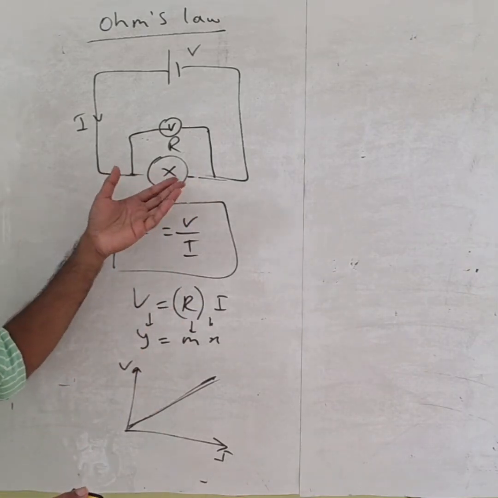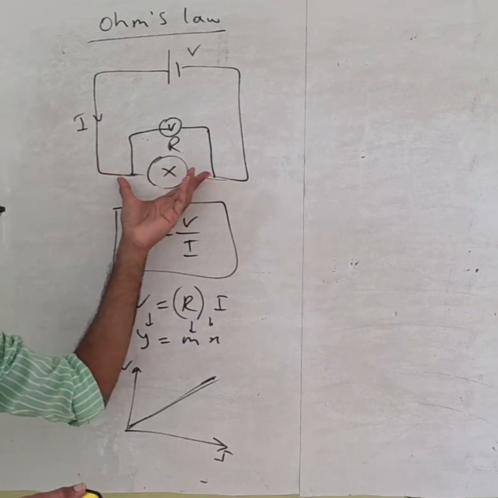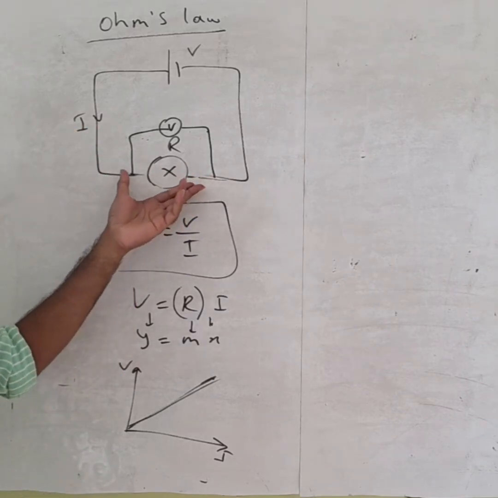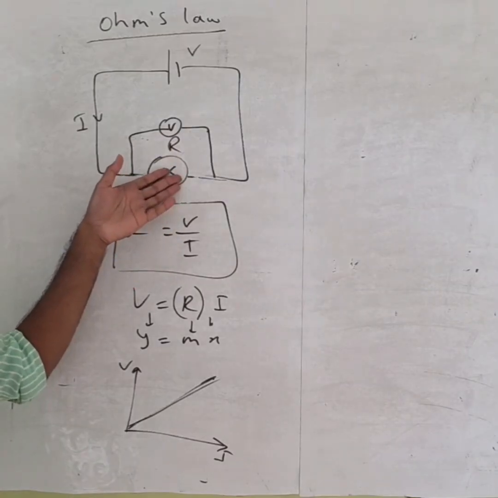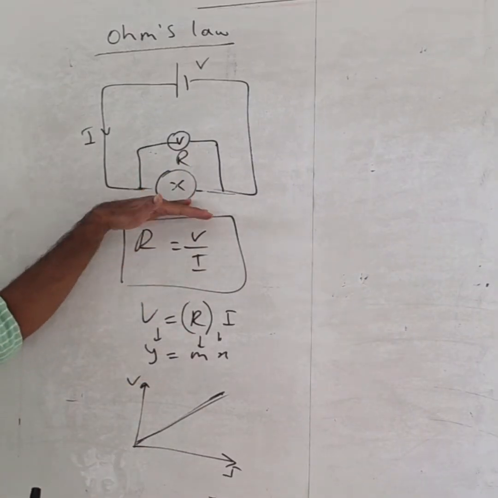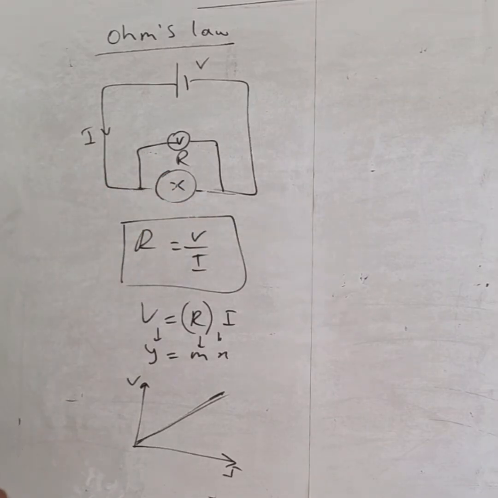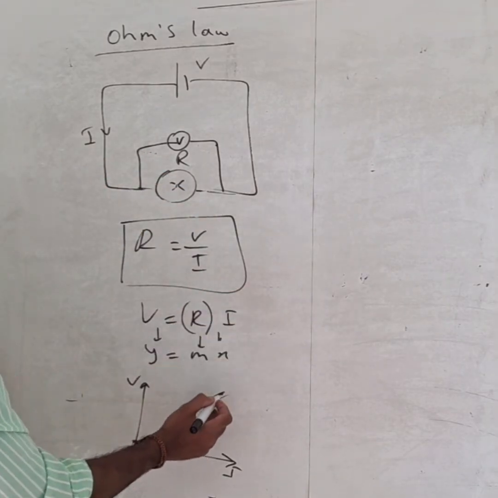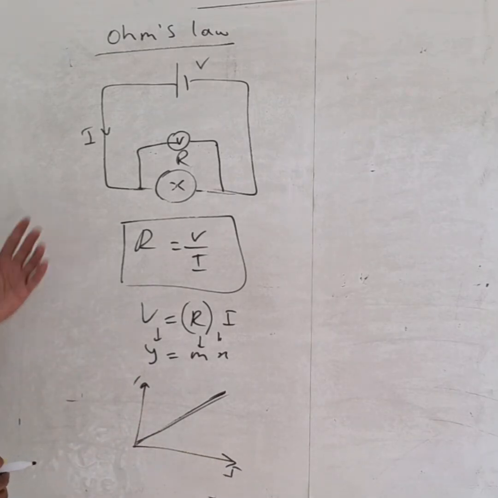When current passes through a conductor, the temperature will increase, and when the temperature increases, the resistance of the resistor will normally increase. Using some cooling mechanism, if we keep the resistance constant, then we can achieve this behavior: V will be proportional to I. That is Ohm's law.